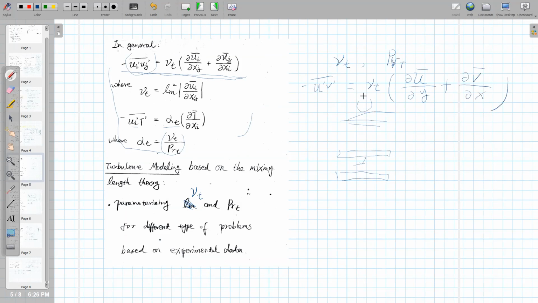It should be this one. And this mu t can be replaced by this one here, and the nu t can be l_m squared times partial u bar, partial y, with this one times this one. This is the correct one.